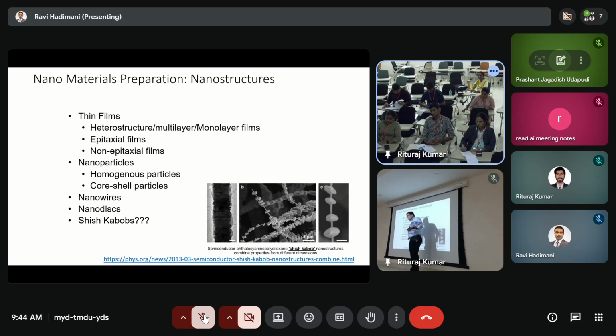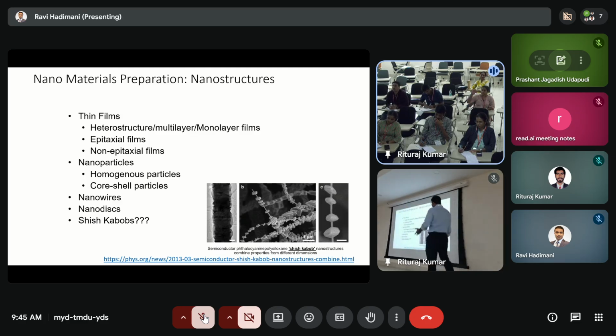This is my favorite. There are shish kebabs. Okay, this is apparently a shish kebab nanostructure. And there's a real paper on that one.